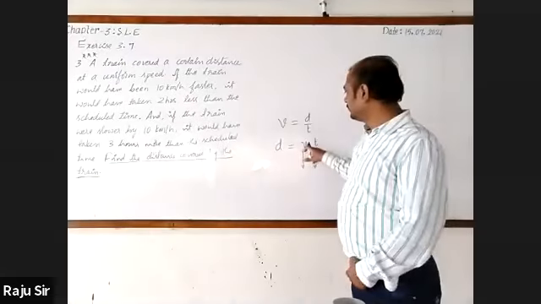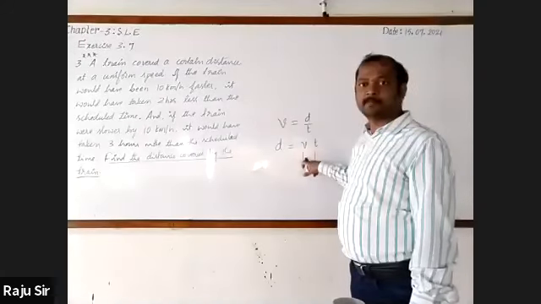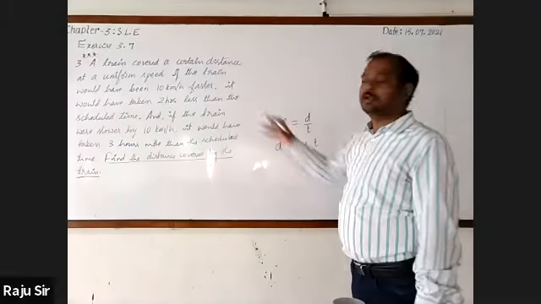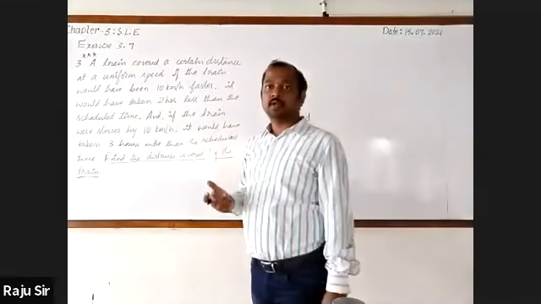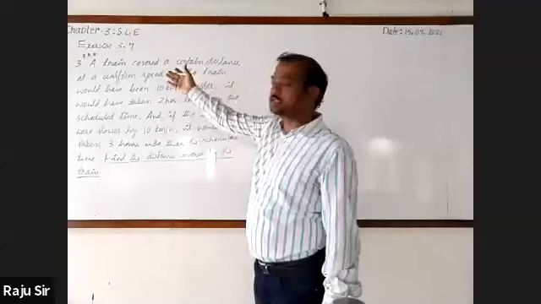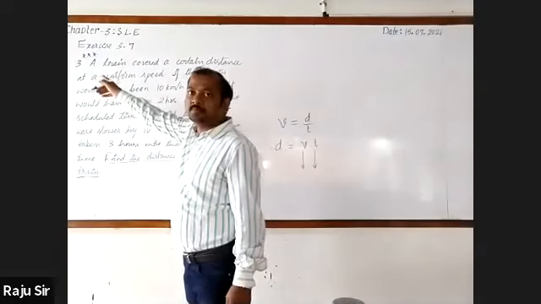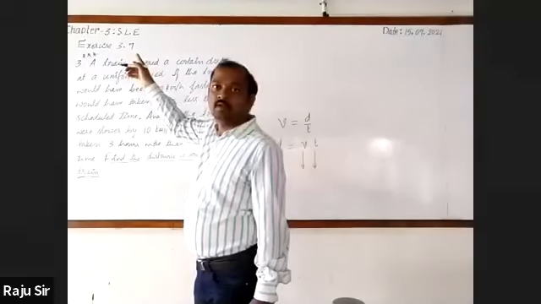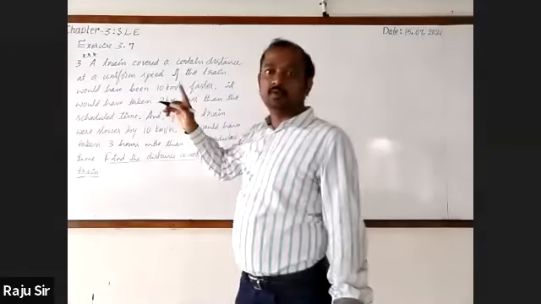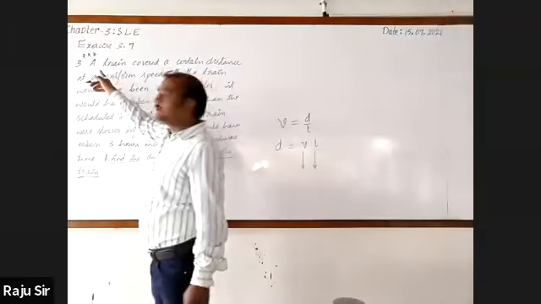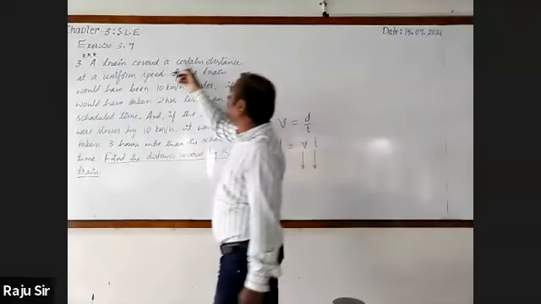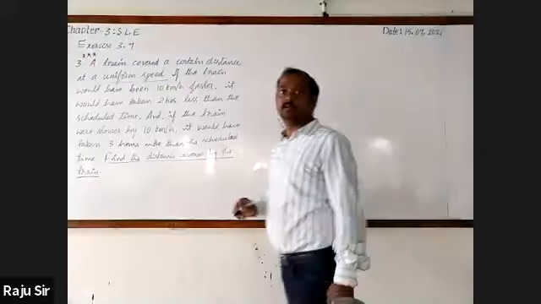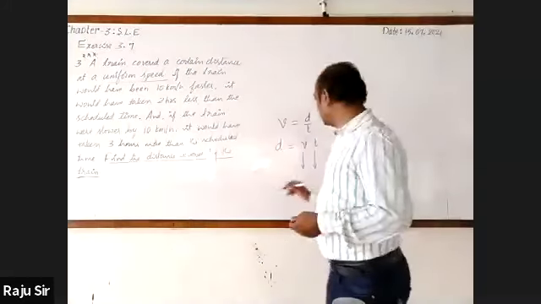But do you know the speed? No, sir, we do not know that. Okay, observe here, look at the board. A train covers a certain distance at a uniform speed. That speed is unknown.